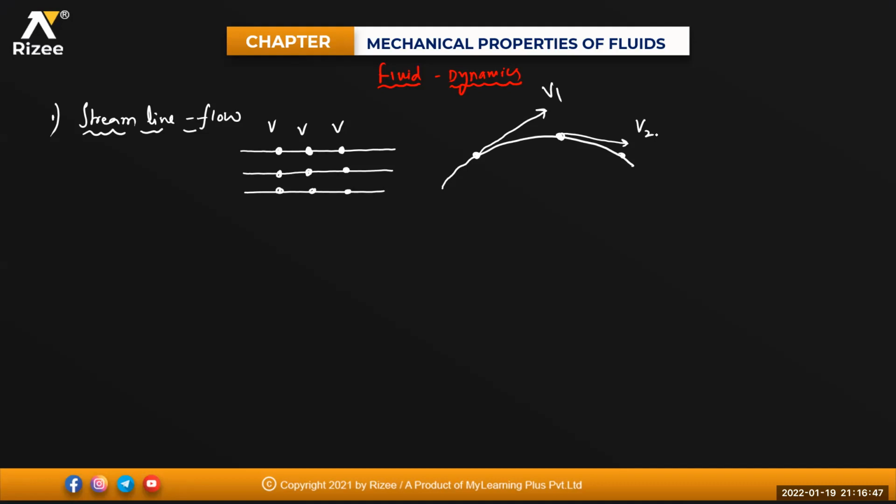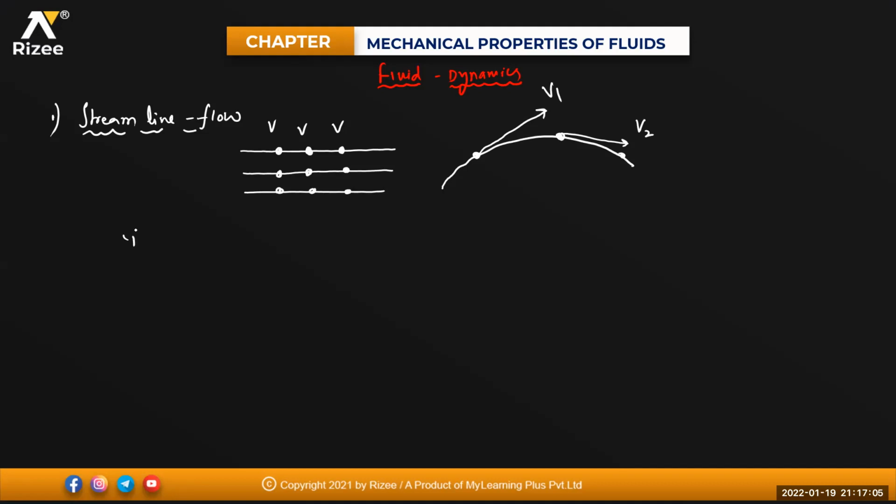So the path traveled by a fluid particle is called a streamline. It may be a straight line or it may be a curved path. If I draw a tangent at any point on a streamline, that gives me the direction of the flow. Tangent drawn on your streamline will always give me the direction of velocity of your flow.